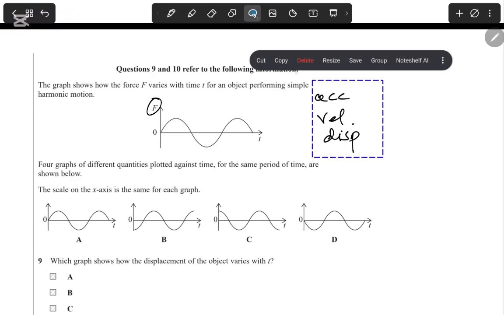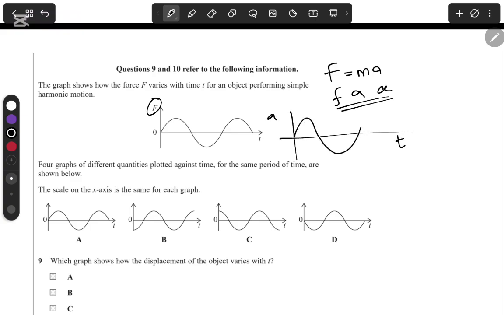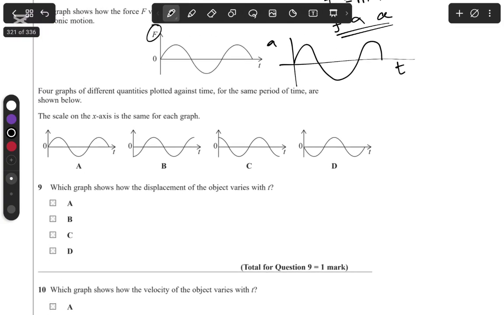The easiest trick is knowing that this is actually a hidden acceleration time graph. If you know Newton's second law, F is directly proportional to a, so this is just an acceleration time graph. Now you just have to change this into a displacement time graph and a velocity time graph.